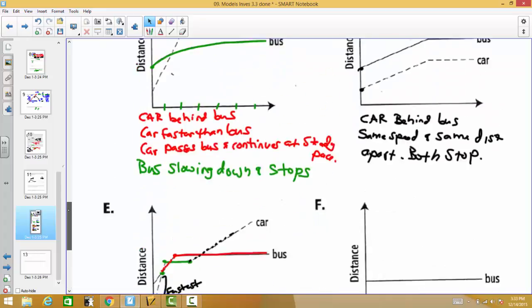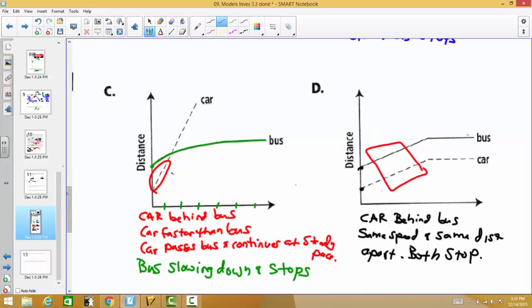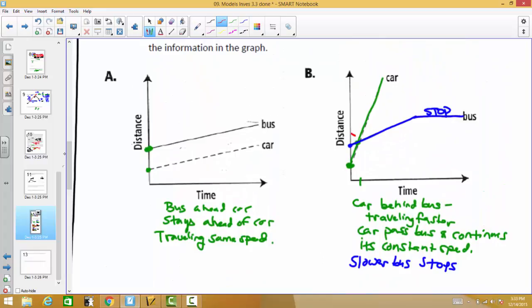Did we circle the fastest part of... we did not. So the fastest part of C is this constant line. And the fastest part is this constant line. I feel like we did in the first two. No, this is the fastest part.